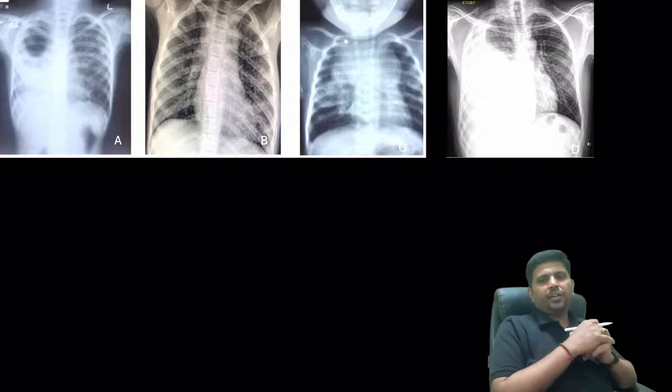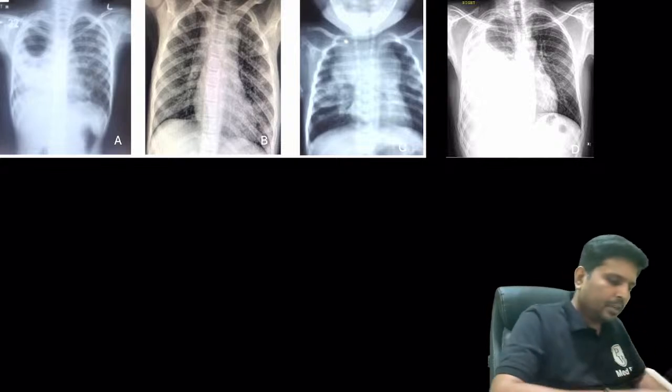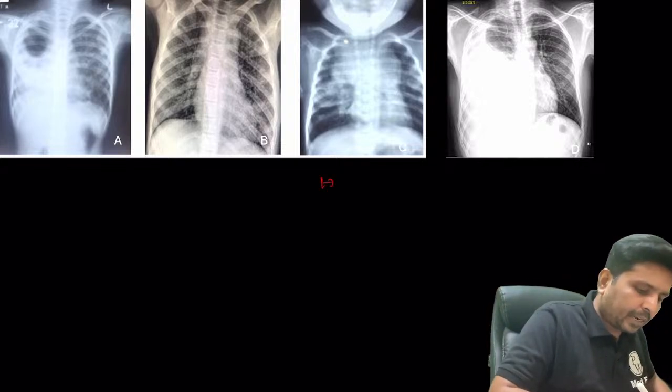Next, what is this? Fever 2 weeks, cough 2 weeks. Weight loss 5% over a period of 3 months. What is this? This is nothing but hilar adenopathy.